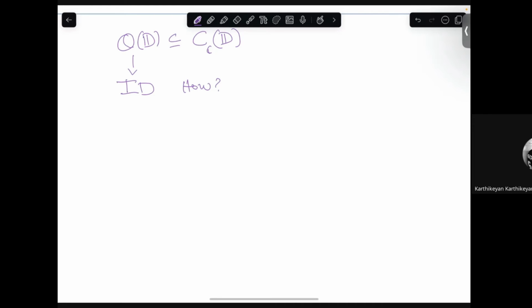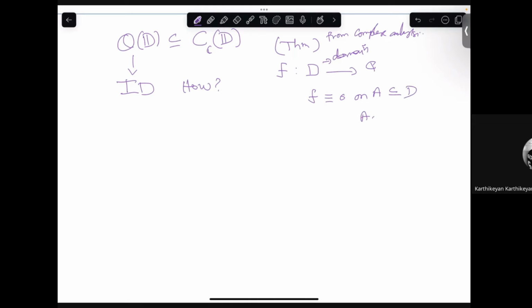It says that if f is a function from a domain D to C, and f is identically 0 on a subset A of D, and A has a limit point, then f is identically 0 everywhere. It's called the identity theorem, as far as I know.